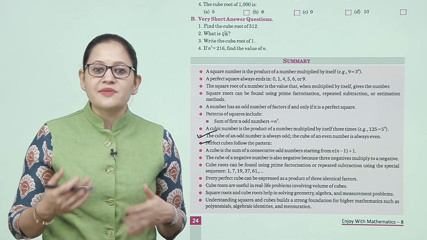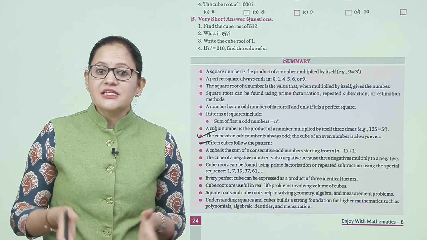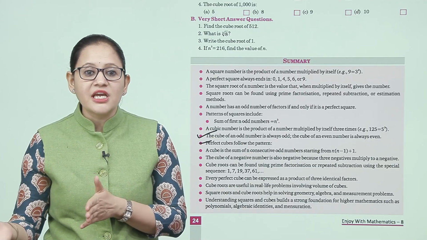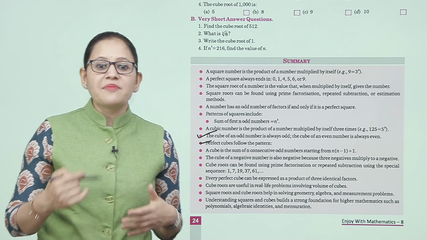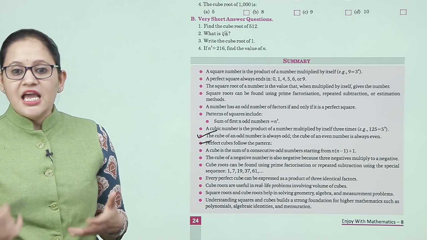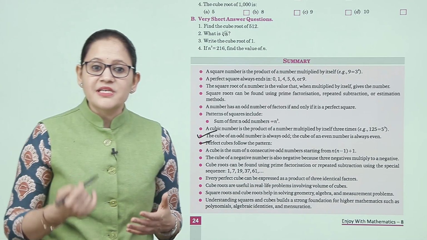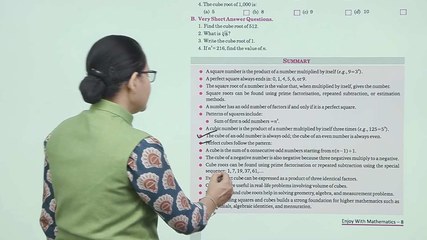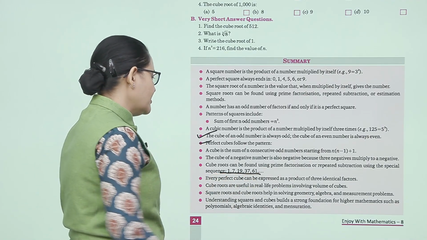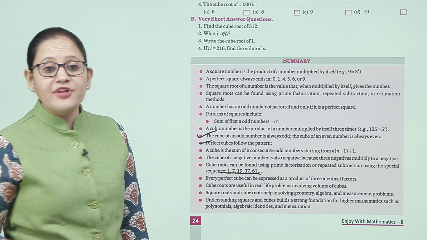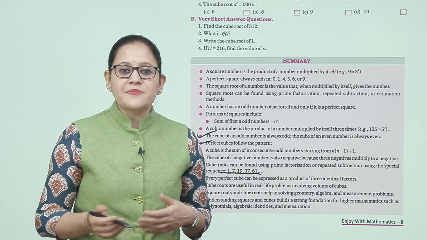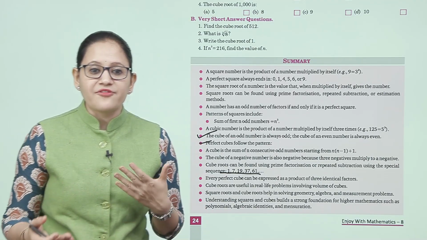The cube of a negative number is always negative because a negative multiplied by a negative gives a positive, and then by a negative gives a negative. Cube roots can be found using prime factorization and repeated subtraction using the special sequence, that is 1, 7, 19, 37 and 61. Every perfect cube can be expressed as the product of 3 identical factors.